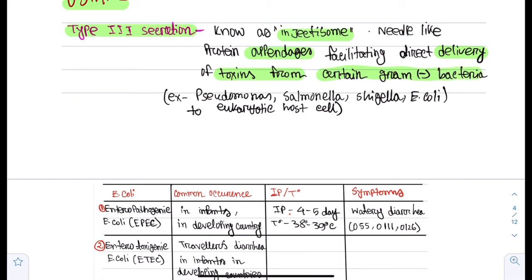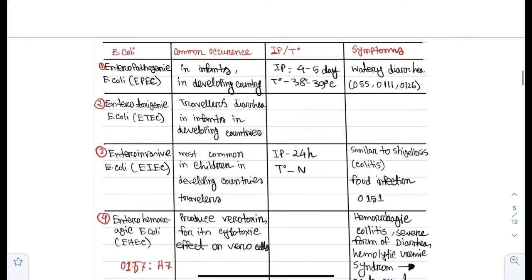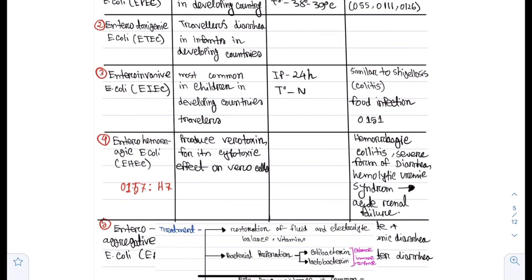Here, this is also a gram-negative bacteria. Now we come to the classification of E. coli. As I said, there are 5 types of E. coli.